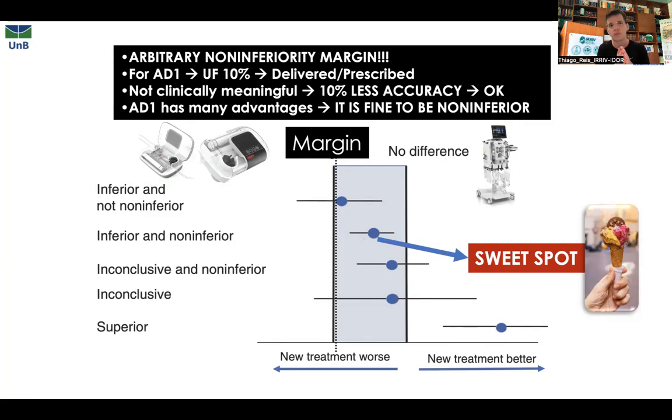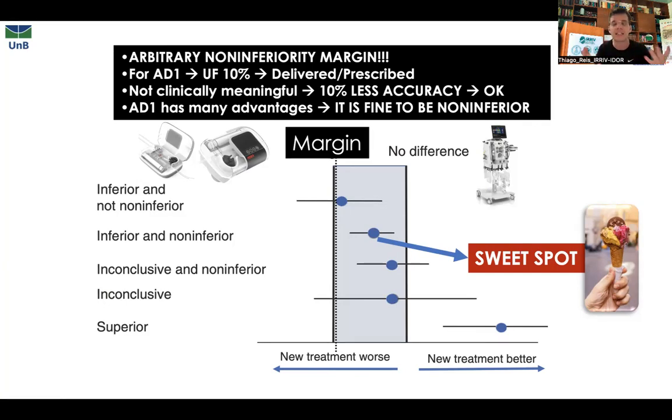But if these results are an acceptable worse, then it's okay because of the other advantages. So I mentioned this as the sweet spot because we traced an arbitrary margin. So we choose that margin of 10%. So if the difference between the prescribed dose, let's say 1,000 mL of ultrafiltration, is less in this case than 100, so less than 10%, this would be acceptable.